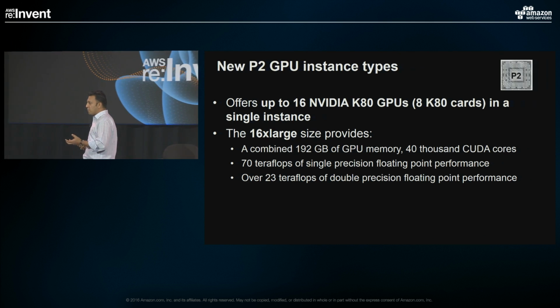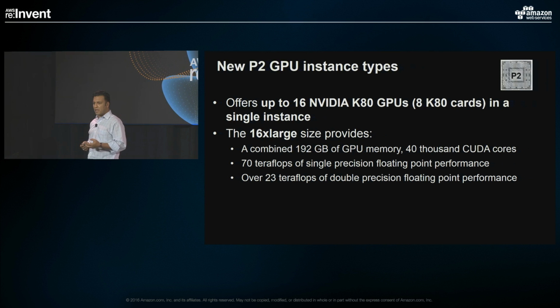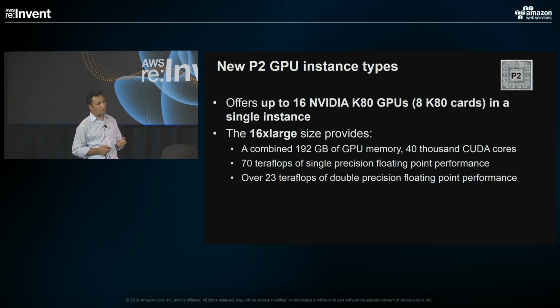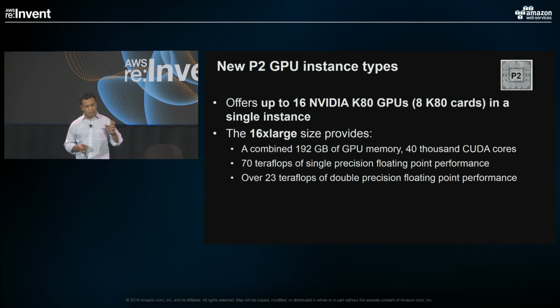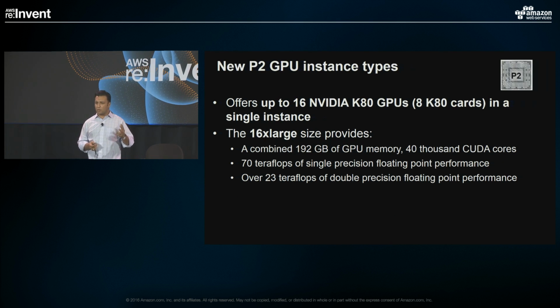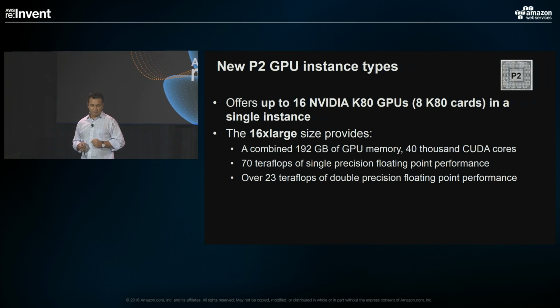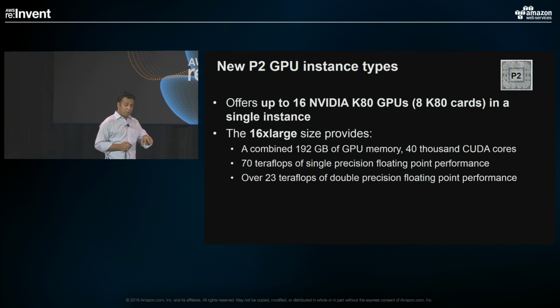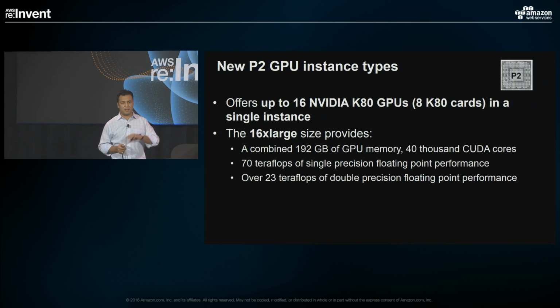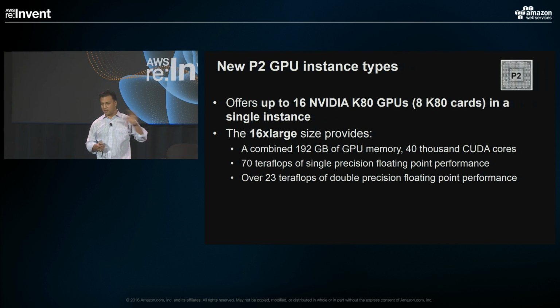But for scientific simulations and calculations, fluid dynamics, you really need double precision floating point performance. You get that with P2 instances, about 23 teraflops. This wasn't available on the G2 series, so it's a new addition to the P2 series.